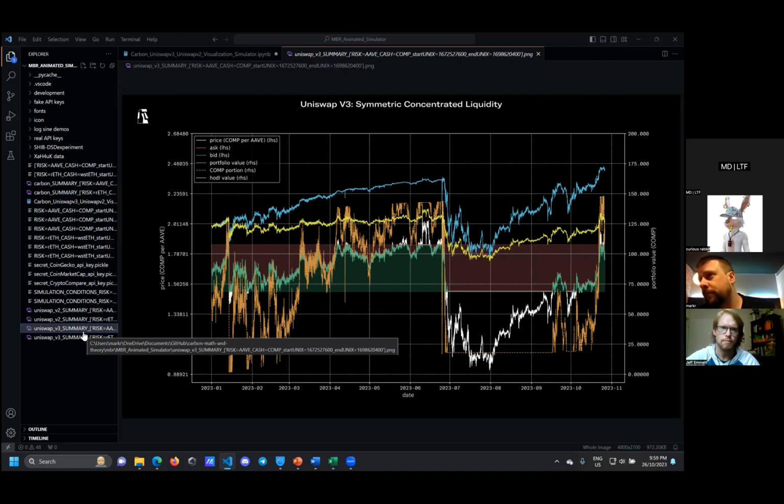They had an MVP out where they let users test it out with just the ARB token, but it could be a really interesting derivative to entice liquidity and utilize liquidity that would otherwise just sit dormant. If you don't have any thoughts, all good. It's pretty fresh, but I just wanted to throw it out there.